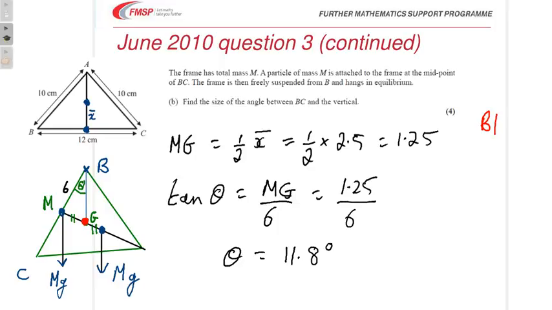And then there was an M1 and 2 accuracy marks, M1A2, I guess for drawing the diagram and figuring out how to find tan theta from the relevant triangle, the MG over 6. That was the 4 marks for the second part then: 1 method mark and basically three other marks for writing down the correct values. Okay, that's question 3 done.